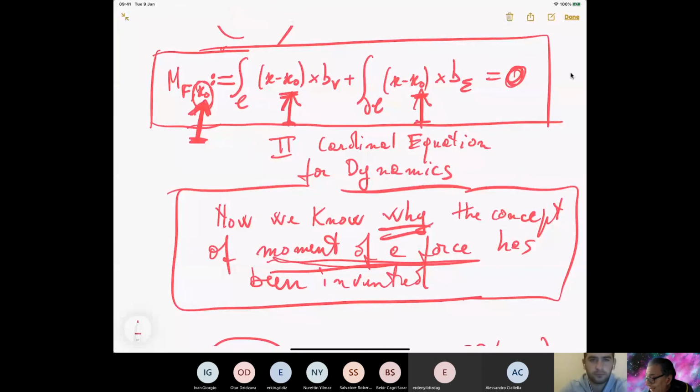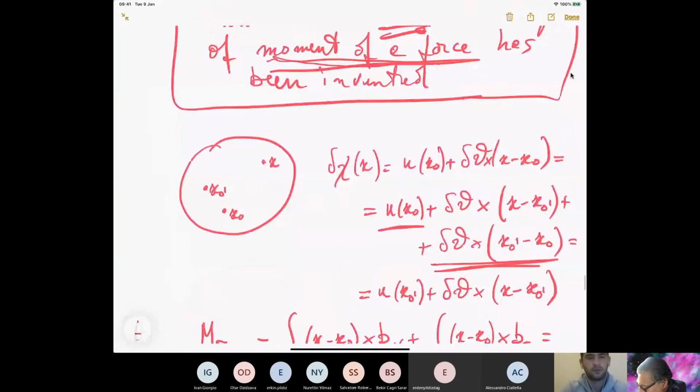Of course, don't be clever and play one pole here and another pole there, because then the formula is not anymore invariant. So you must change the pole systematically in your formulas. Okay.